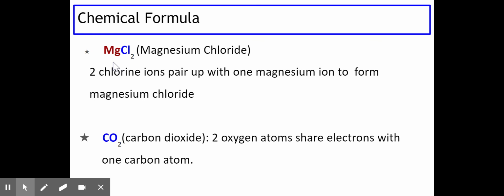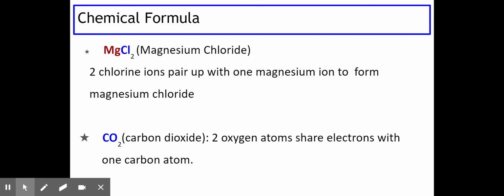It's all because one magnesium needs to give away two electrons, and one chlorine can only receive one. So magnesium gave away two, and it needs two chlorine atoms to pair up with one magnesium. So magnesium forms a positive 2 charge, and each chlorine forms a negative 1 charge.